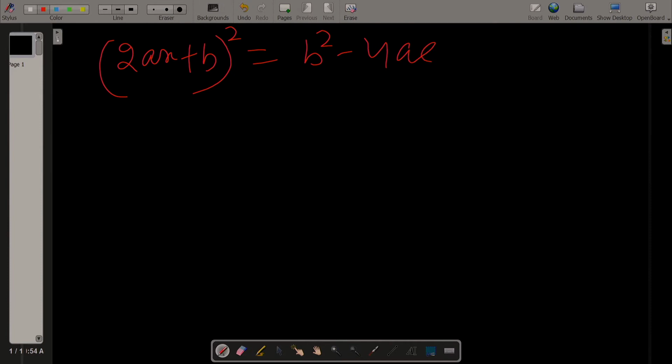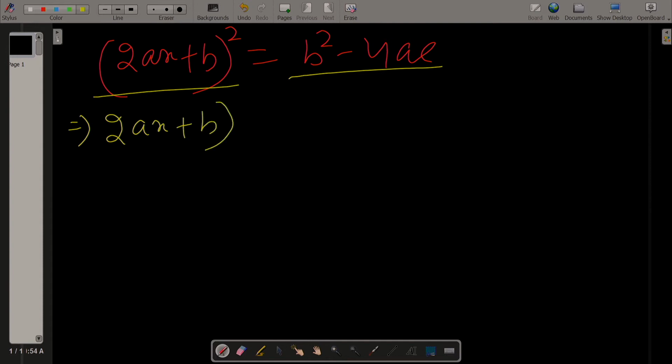Dear learners, from 2ax plus b whole square equal to b square minus 4ac, I can write 2ax plus b equal to the square root of b square minus 4ac, that is, plus minus the square root of b square minus 4ac.